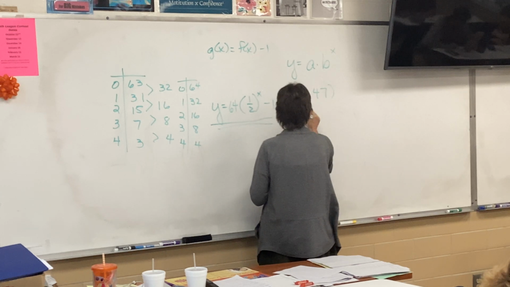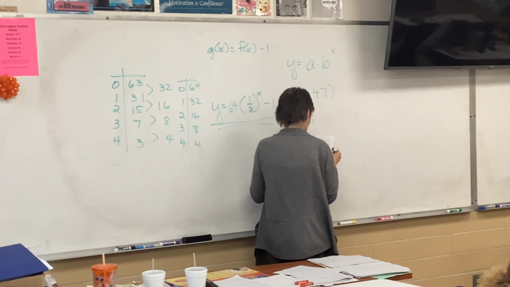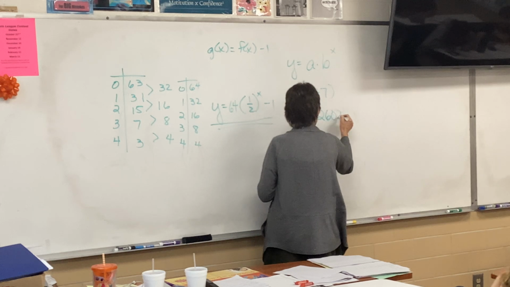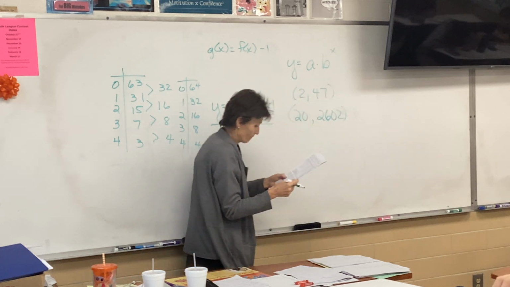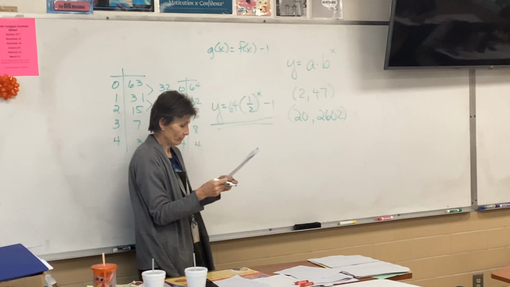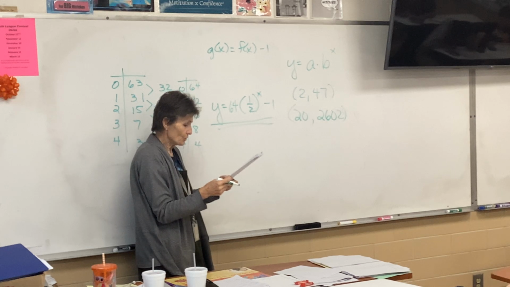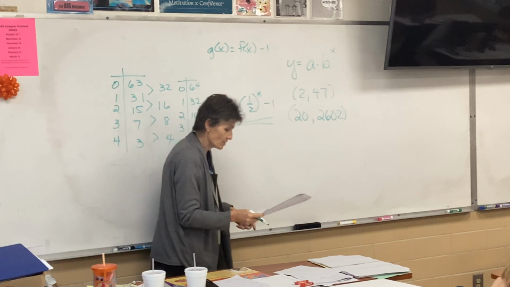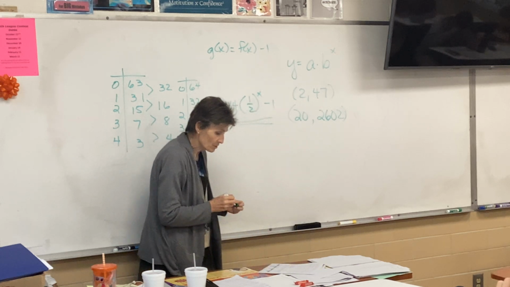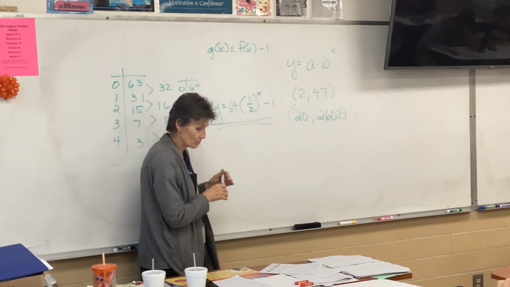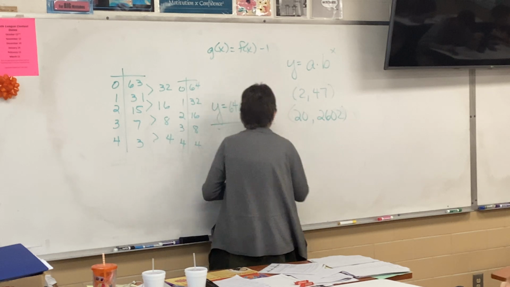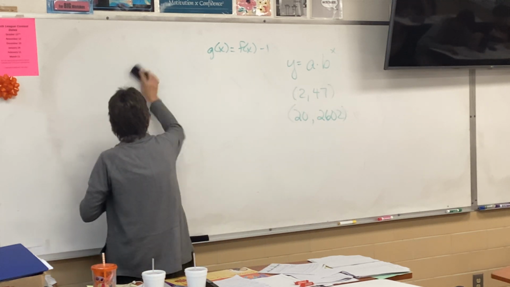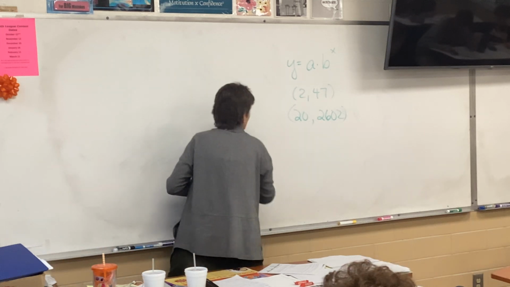After 20 minutes, there are 2602 people. Use the given data to write 2 equations that can be used to find the values for a and b. In other words, we're going to write our equation 2 different ways.